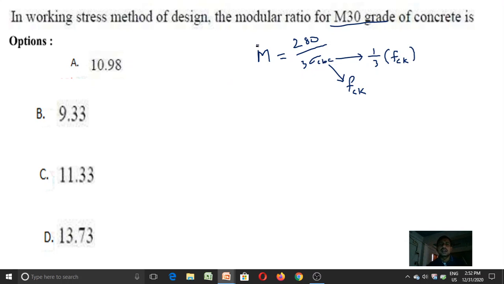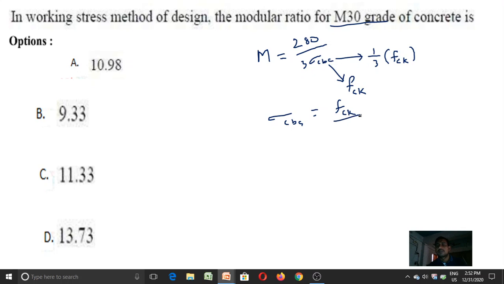So to calculate the modular ratio for M30 concrete, first you have to calculate sigma CBC, the compressive stress in bending. Sigma CBC is equal to fck by 3.